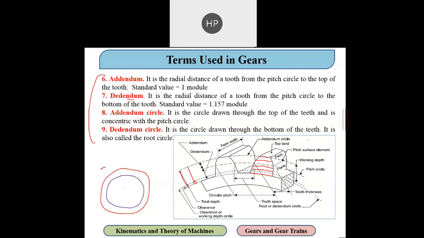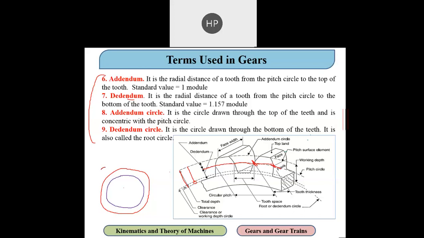So which thickness do you have to consider? On the same gear, you have different thicknesses. So which thickness do you have to consider? It is the thickness which is measured along the pitch circle. As you know, this one is the pitch circle. Now on this pitch circle, this is the point and this is the point.